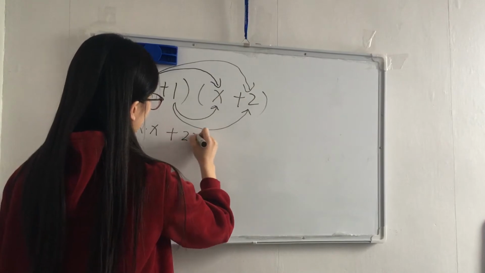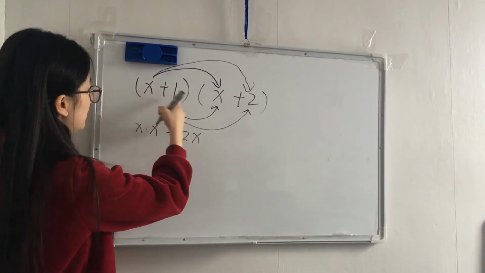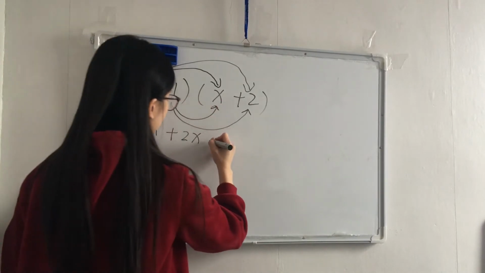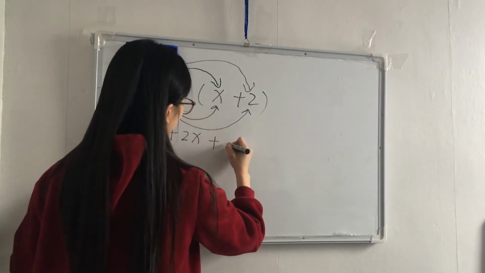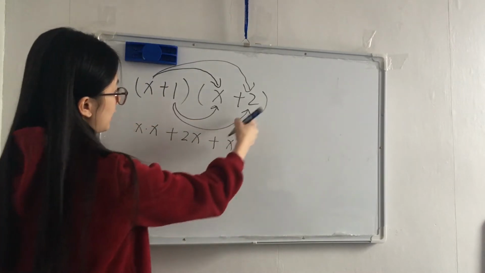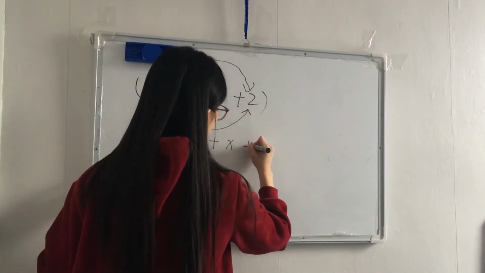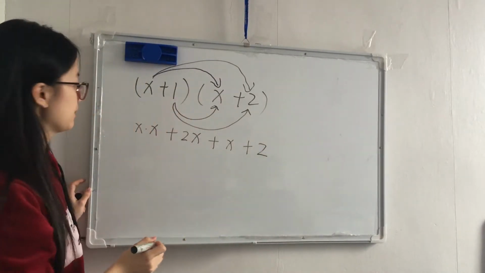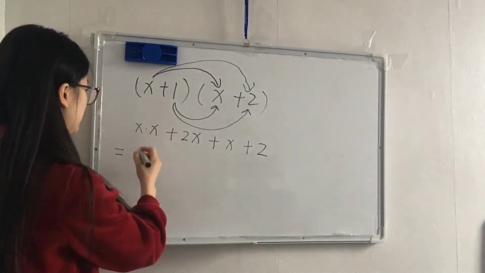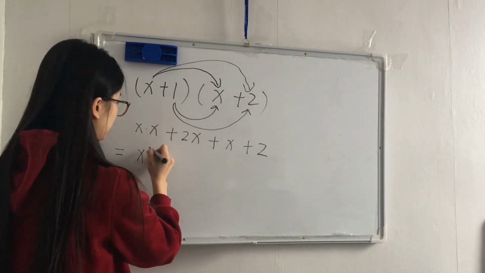That will be 2x, and then to this term, 1 times x. That is 1x. So this is x, and 1 times 2 will give us 2, right? And then this is x times x, that is x squared, remember.